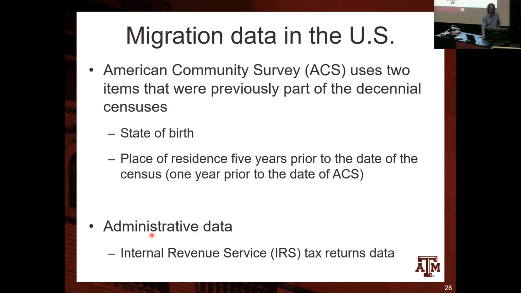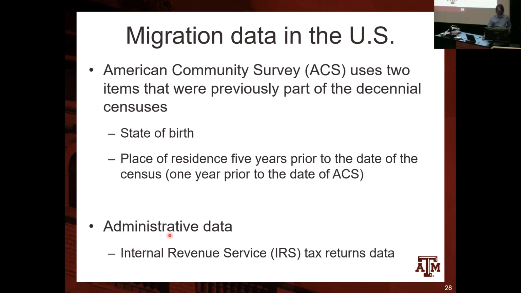In the US also, there is some administrative data that we can take advantage of. The Internal Revenue Service has data from tax returns. When we file a tax return, we write really detailed information about ourselves: name, social security number, and place of residence. So if we file tax returns every year, it's possible to use that data to know where we were in all these different years.